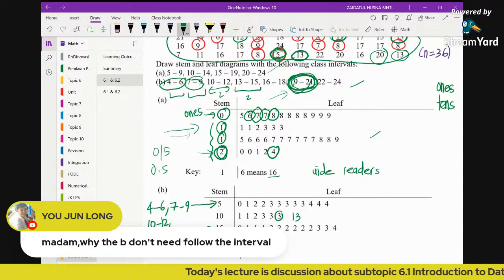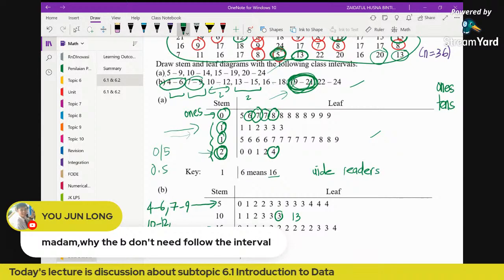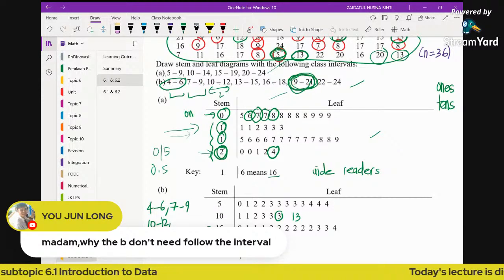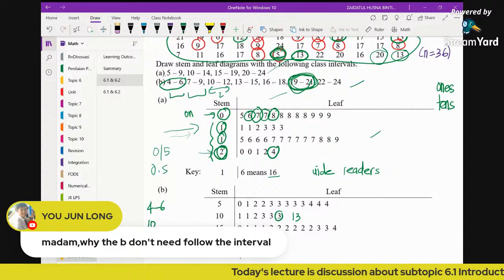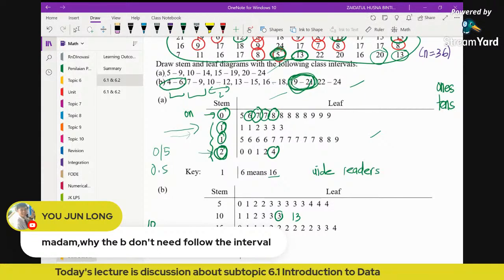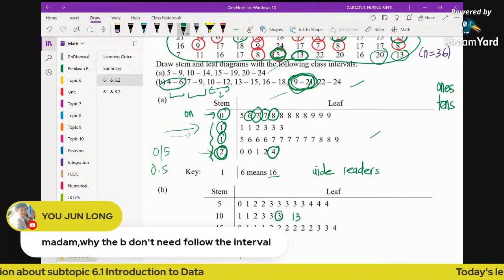Now, talking about these class intervals, I think this one is using a different interval. The data here is represented from 5 until 10.